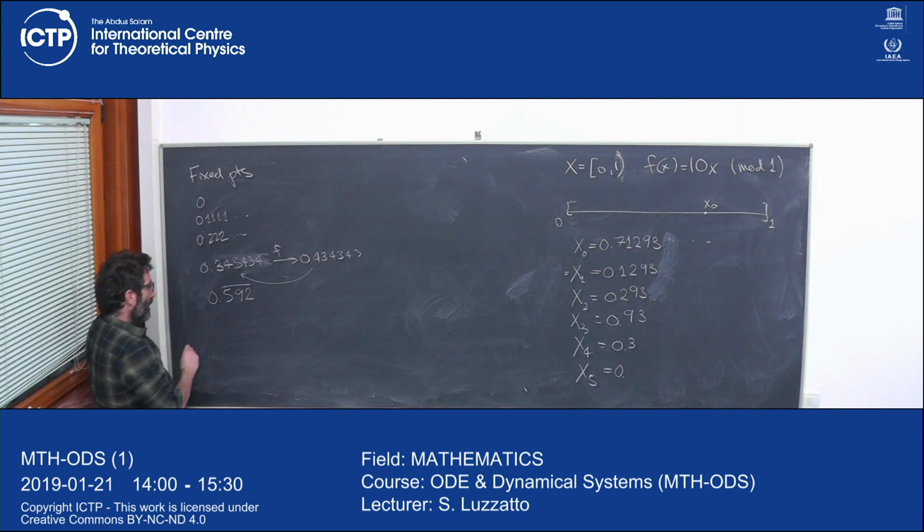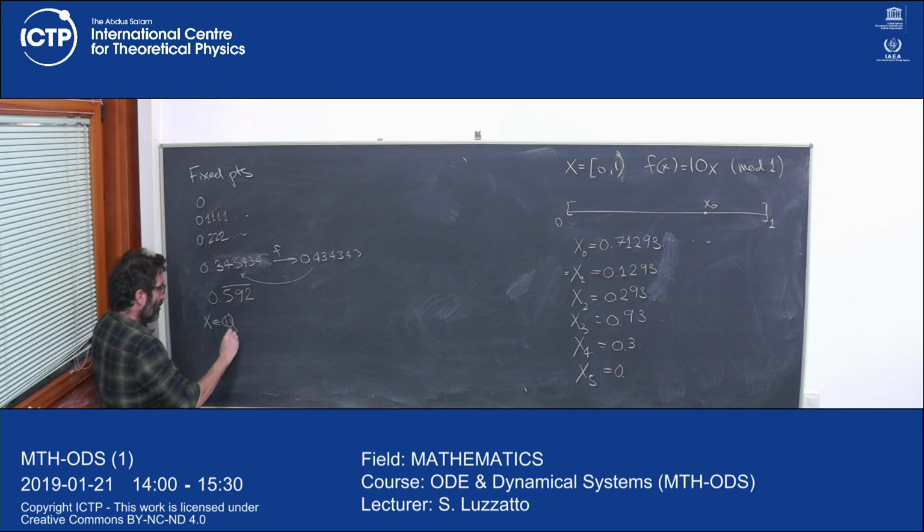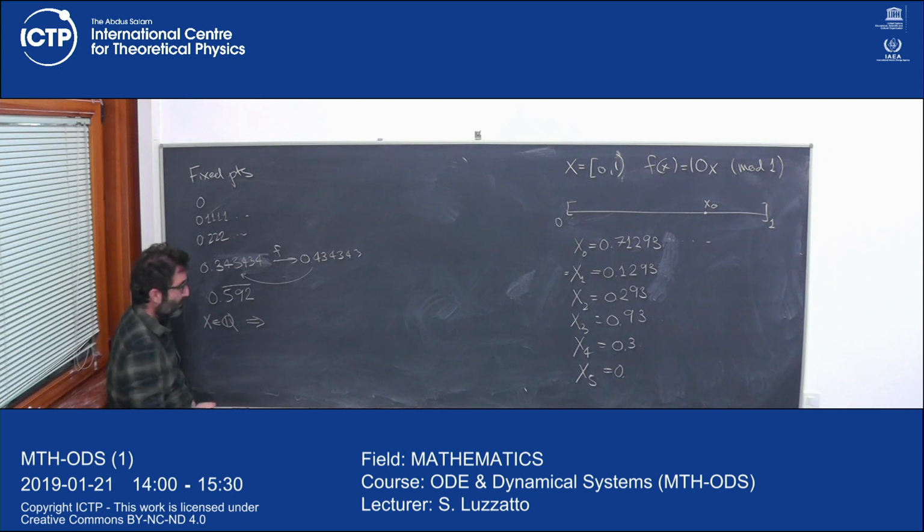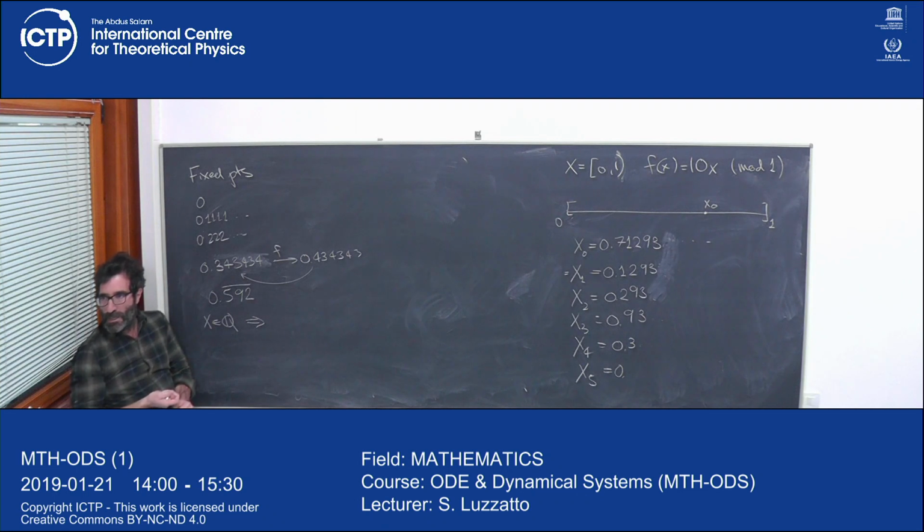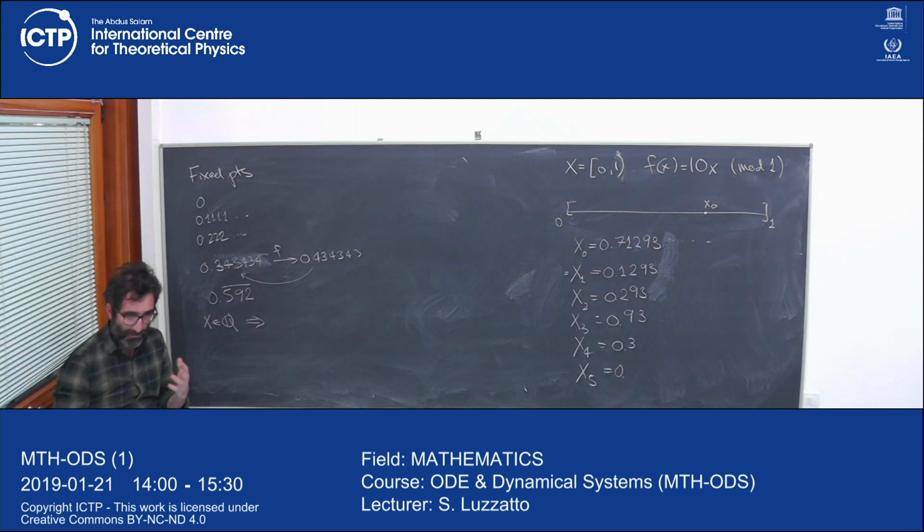So if x is rational, then what does that imply? That it may be periodic, or it may be a fixed point, periodic, or as you say, pre-periodic, right? Is every rational number one of these cases? Yes, because almost the definition of a rational number is that it is eventually periodic, right?